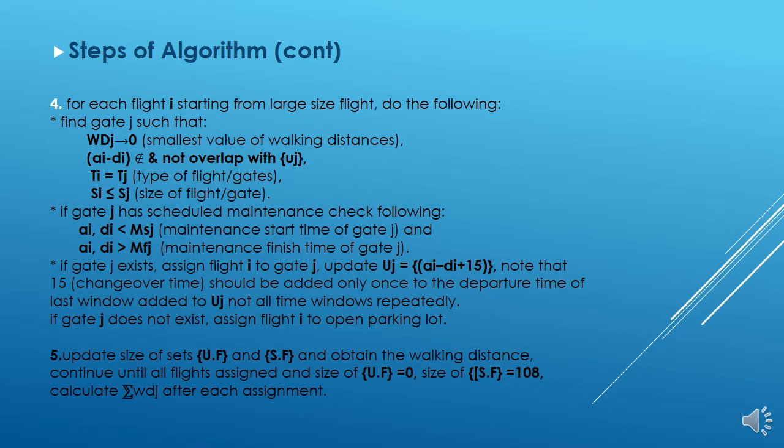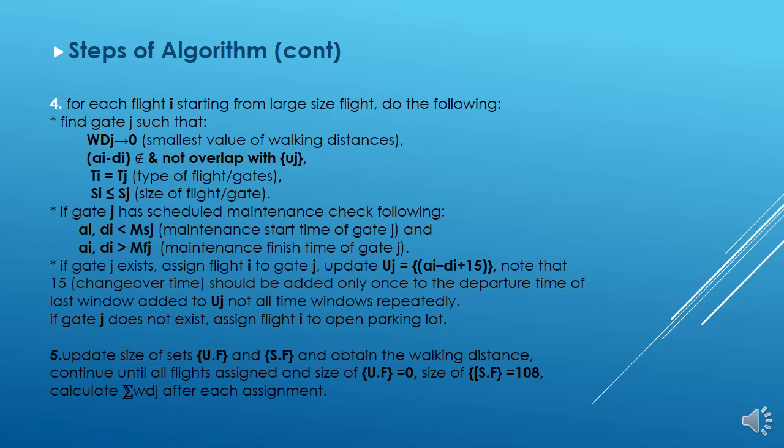Then we check the type of the flight against the type of the gate, whether international or domestic. An international flight should be assigned to an international gate, and a domestic flight should be assigned to a domestic gate.